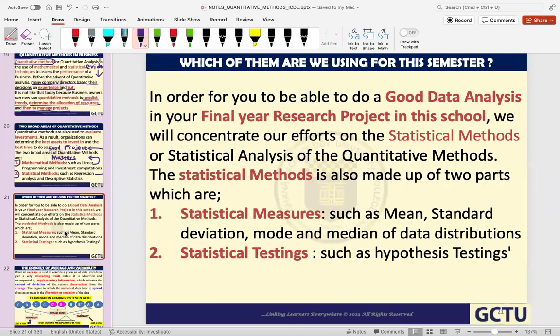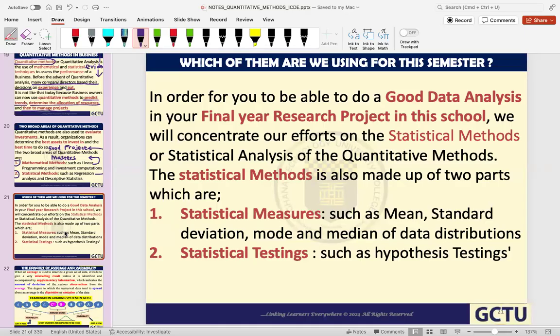Finally, before we start our first topic, I have stated here again, and I'm asking, which of them are we using for this semester? If you didn't hear me the first time, I have put it into writing here.